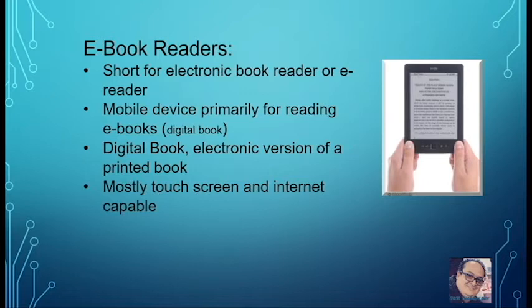It's the electronic version of the printed book, and usually it's less expensive, and you can store lots of different types of books in the device. You don't have to carry so many books in your backpack. They can all be stored digitally in the e-reader. And they are all touchscreen and internet capable.